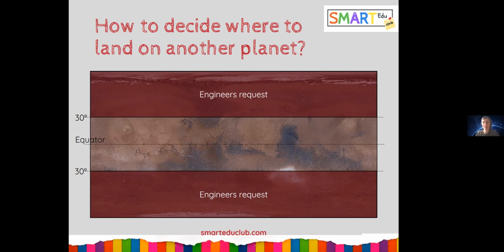Exactly. And so this is what Evie is saying is really important. I don't know if you remember yesterday when we were talking about spacecraft and instruments. We send instruments to study the surface of a planet.